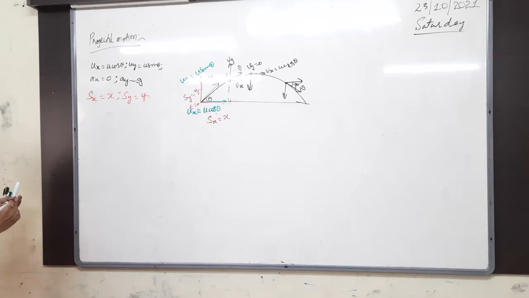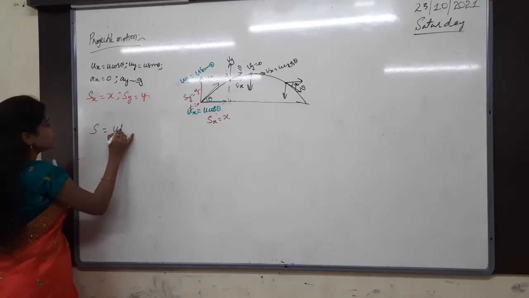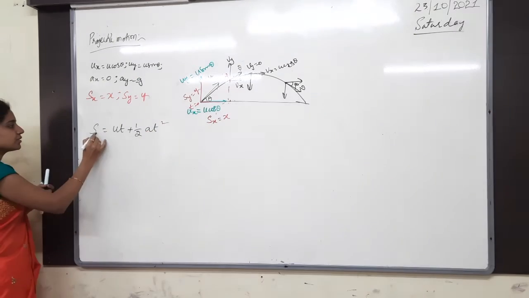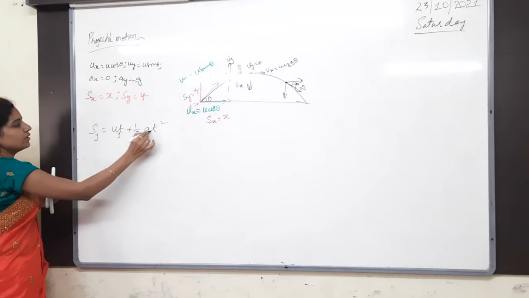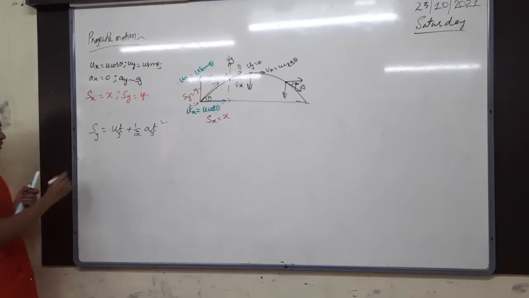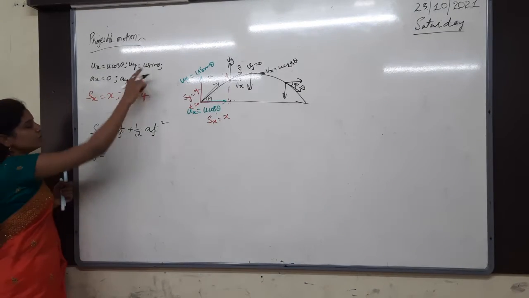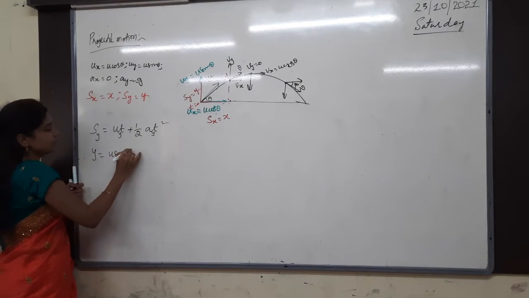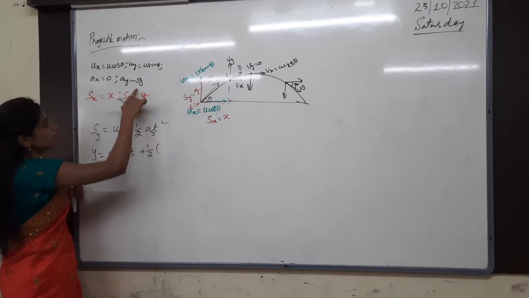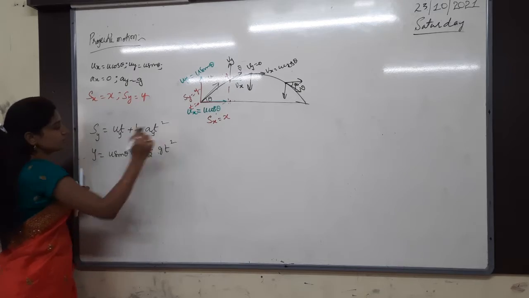Now let me take the displacement equation. S is equal to ut plus half at square. Along the y-axis I will take. So sy, what is sy here? Y. Y is equal to uy, what is uy? u sin theta into t, plus half into ay, which is minus g, t square.